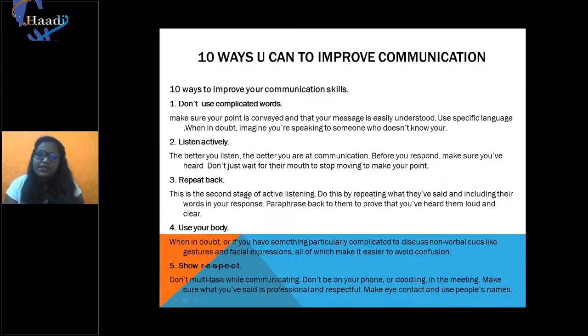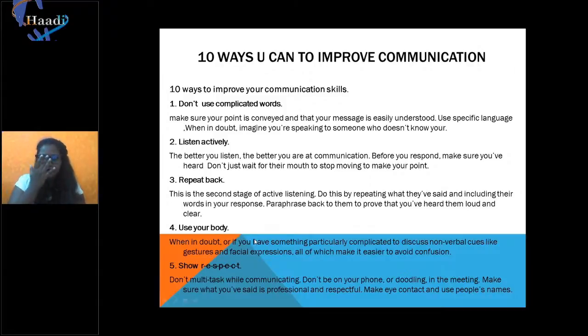The second stage of active listening is to repeat what they've said, along with your response. This helps the person understand that you've understood, and you will also understand what it is exactly.